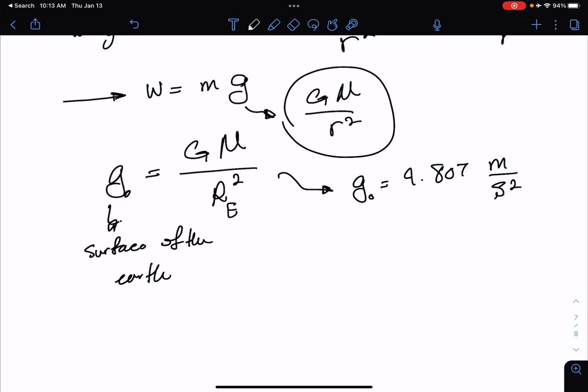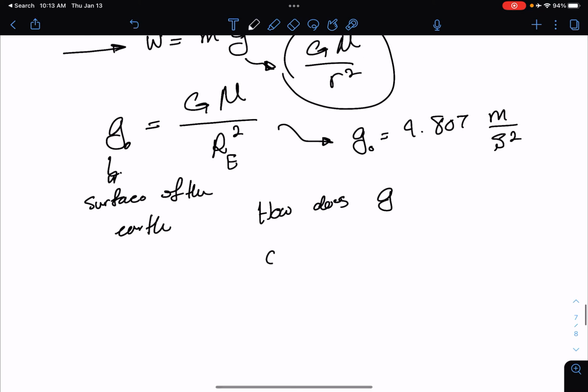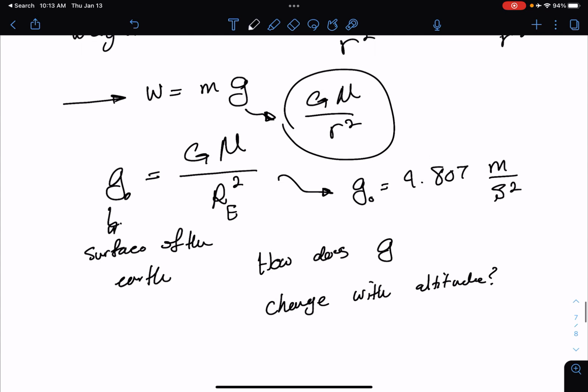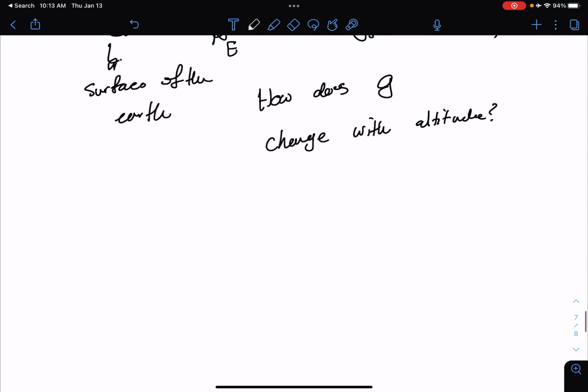The question we want to answer here is this: how does gravity change with altitude? Or does it change with altitude at all? Yes, right? Because you can see here, it is a function of r. And when you change the altitude, you are essentially changing this r. And we want to find the relationship between g and the gravity on the surface of the Earth.